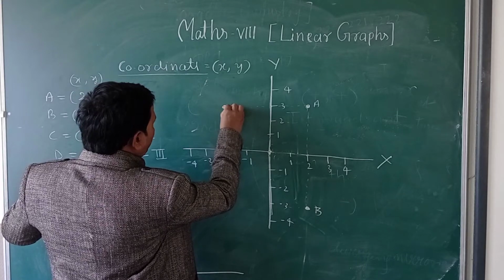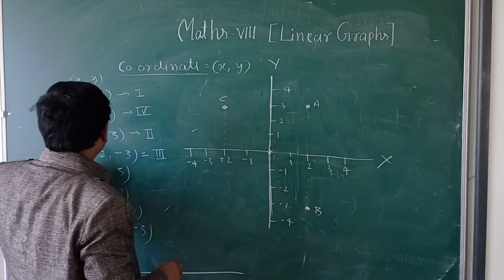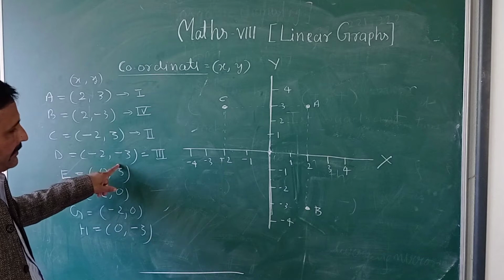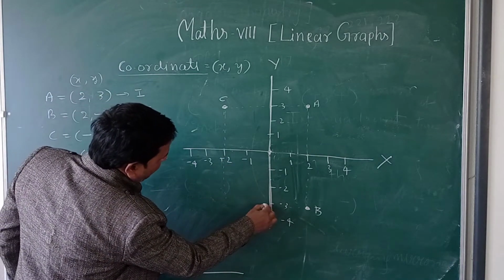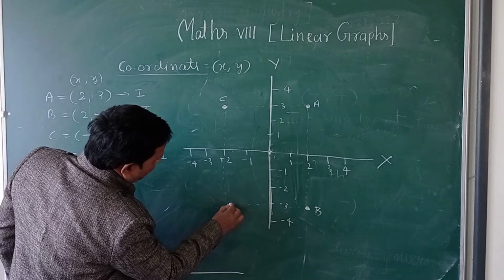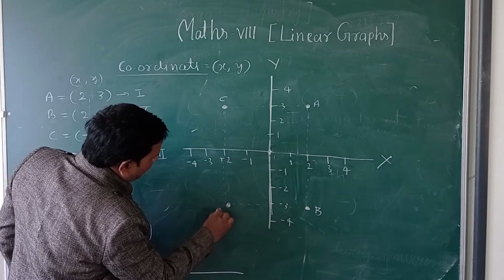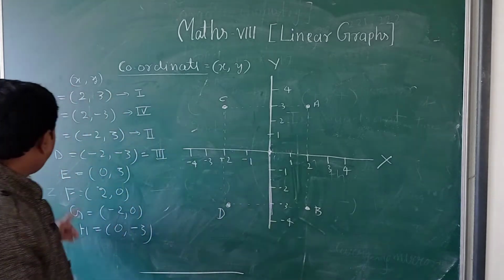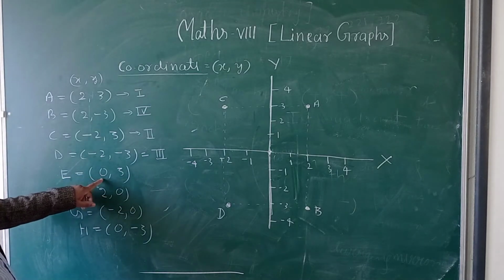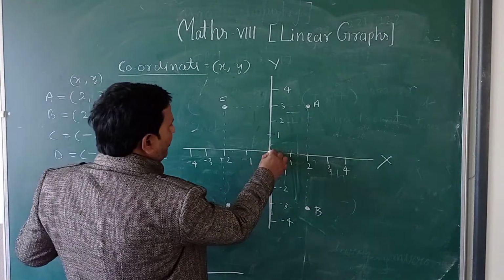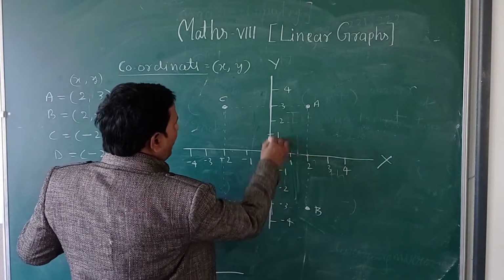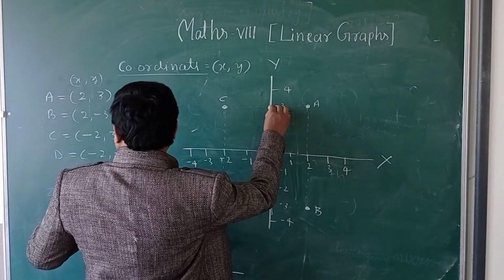This is point C. Point D: x value minus 2, y value minus 3. This is point D. Point E: x value 0, y value 3. This is point E.